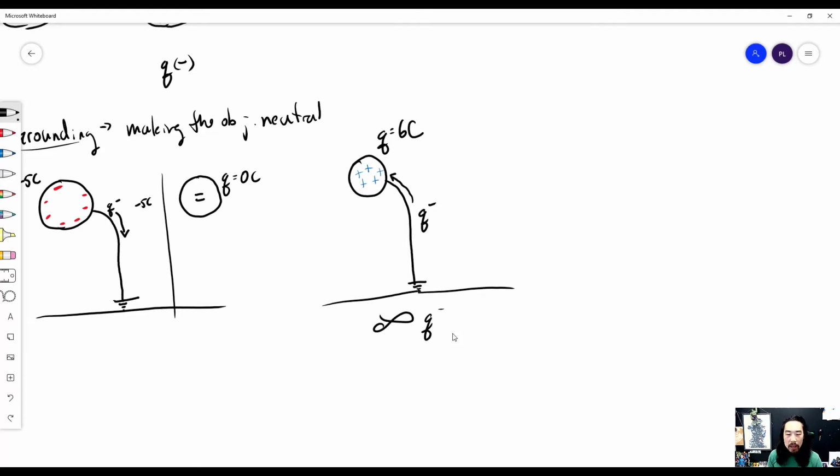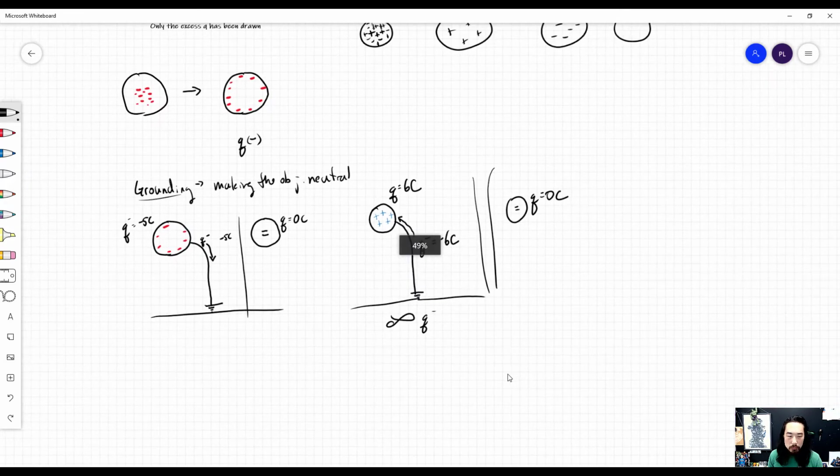How much of that will go into the positive object? Well, in order to neutralize it, a total of -6 coulombs will go into the object, leaving the object to be neutral. Oops, not N, but C. Okay, so that is grounding.